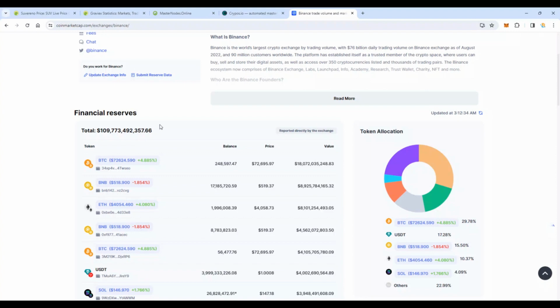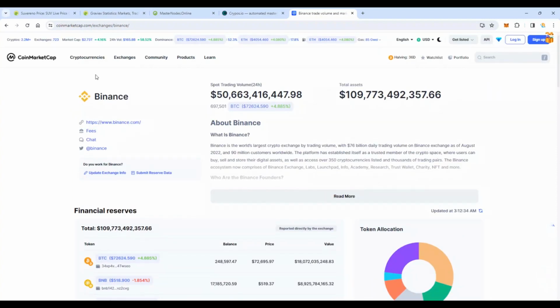What does this mean? Binance keeps a ratio of 1:1 of the funds or coins that users hold. So if I'm holding 2 BTC in Binance, Binance has to provide a 2 BTC reserve for my holdings.